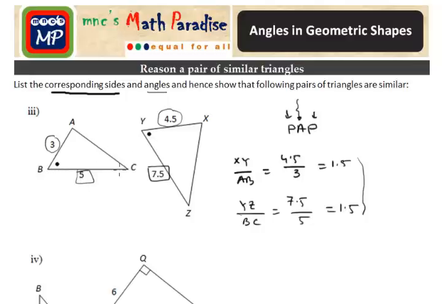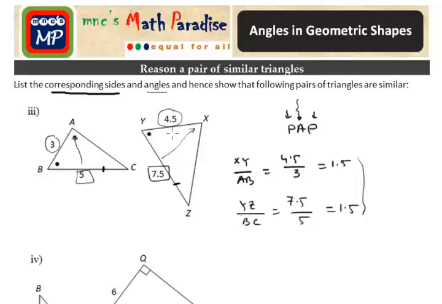This arm BC's corresponding arm is YZ. So BC's opposite angle A will be the corresponding angle for X, because BC and YZ are not equal. This sign does not mean equal, they are corresponding. So their opposite angles will also be corresponding angles.